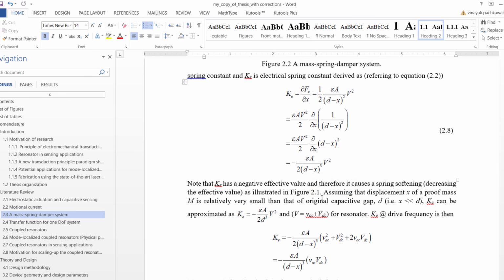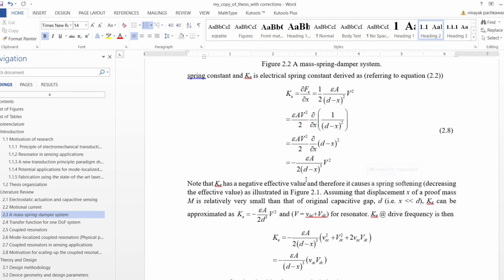Now this action is called spring softening because the spring has stretched, and we can also see its impact on the resonant frequency if it has to operate as a resonator. We can see that later.